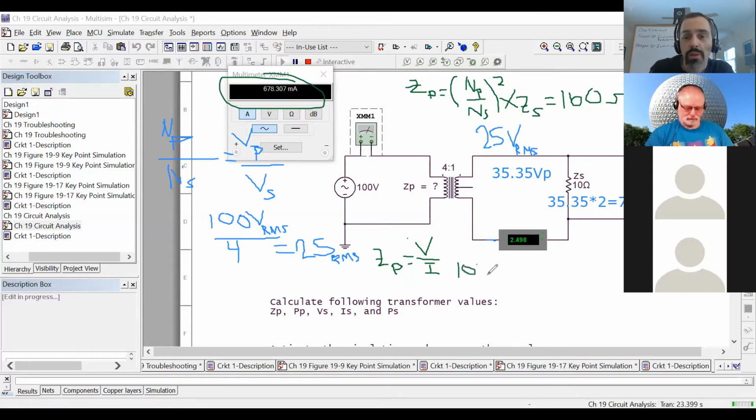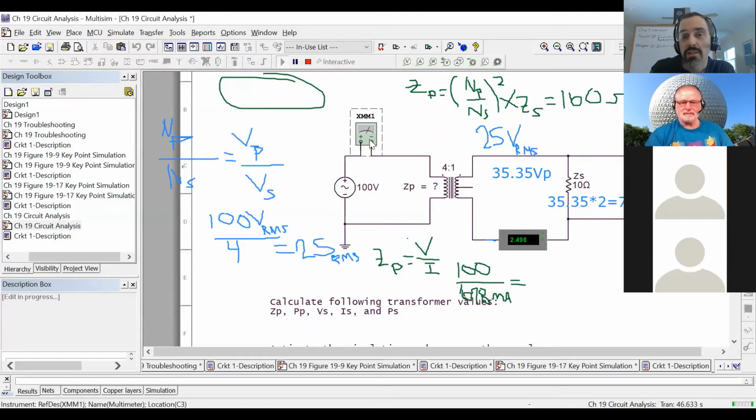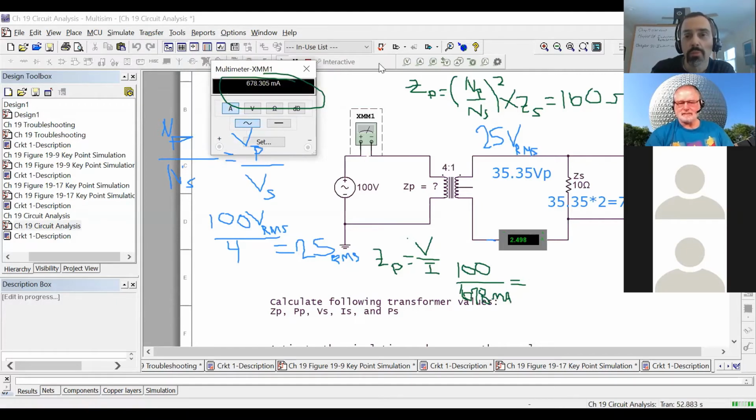I want everybody to tell me what you get. And please do not tell me that's amps, because that would be a problem. So what did you use to find the 678? This is an amp meter. I just made this an amp meter right here. So let me clean up the board here.